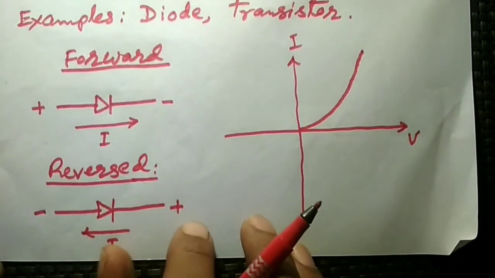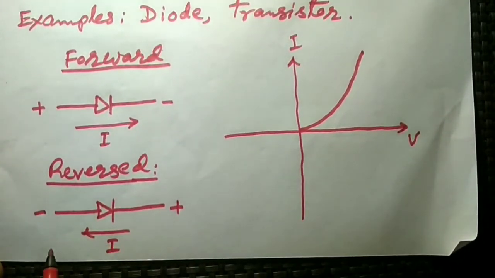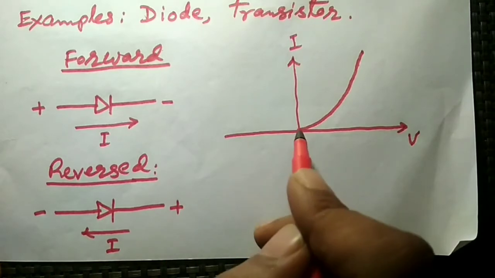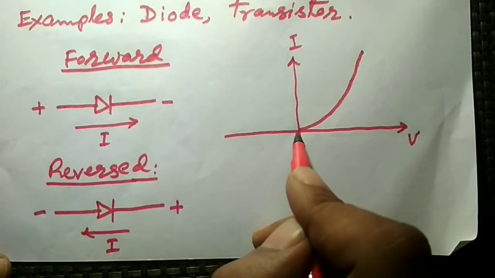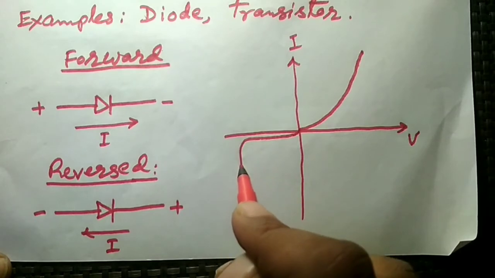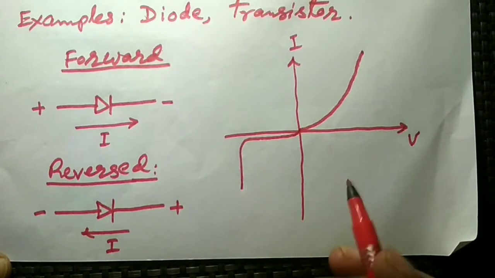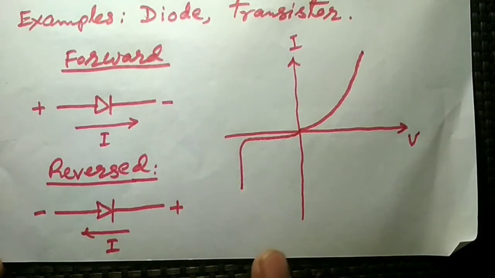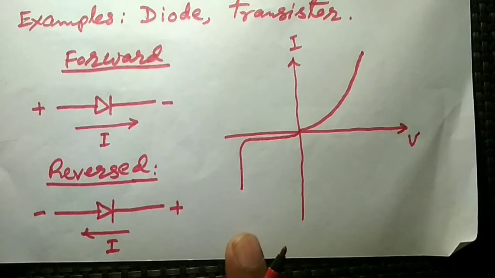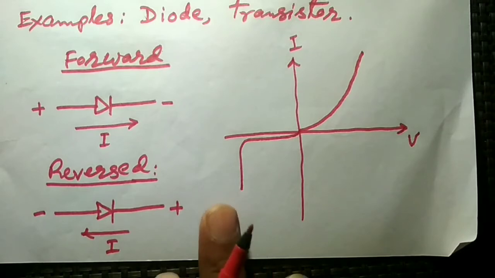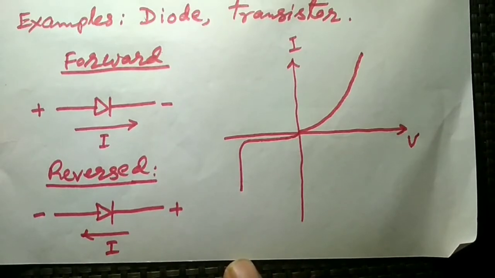Whereas when the diodes are connected in reverse biased, then the polarity and the direction of the current will be changed and it will be in the third quadrant. So in this case, the direction as well as the magnitude of the current will be changed with the change in polarity across the diode. So this is called the unilateral elements.